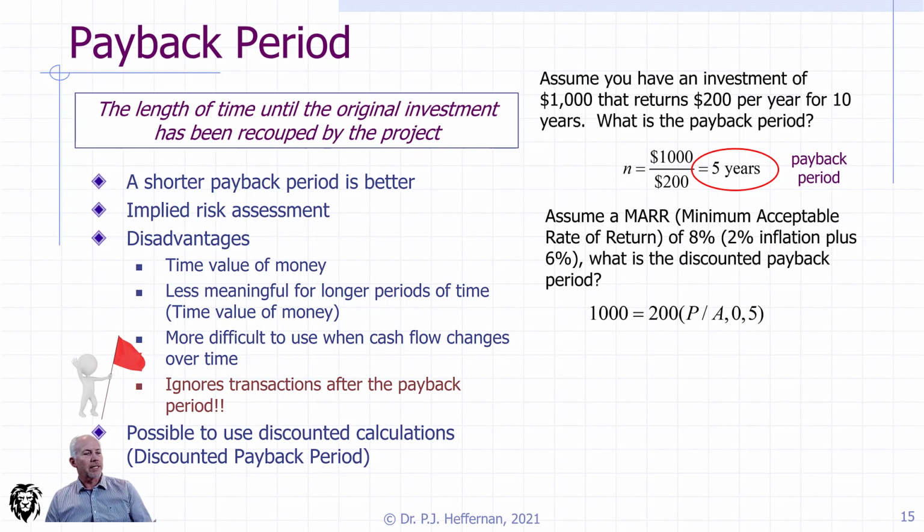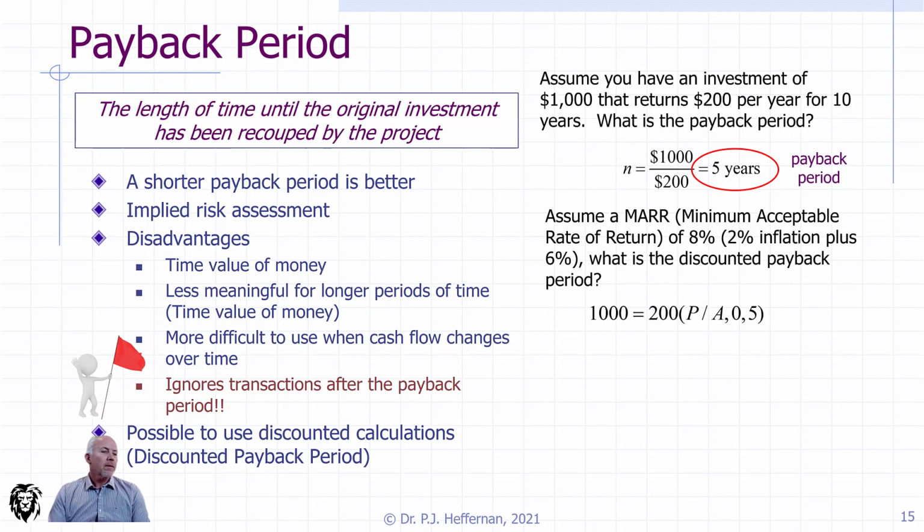What I chose to do is set this up as our $1,000 is equal to, without discounting, our $200 annuity multiplied by the uniform series discount factor, P given A, at an interest rate of 0 because it's not discounted, and 5 years for the payback period.